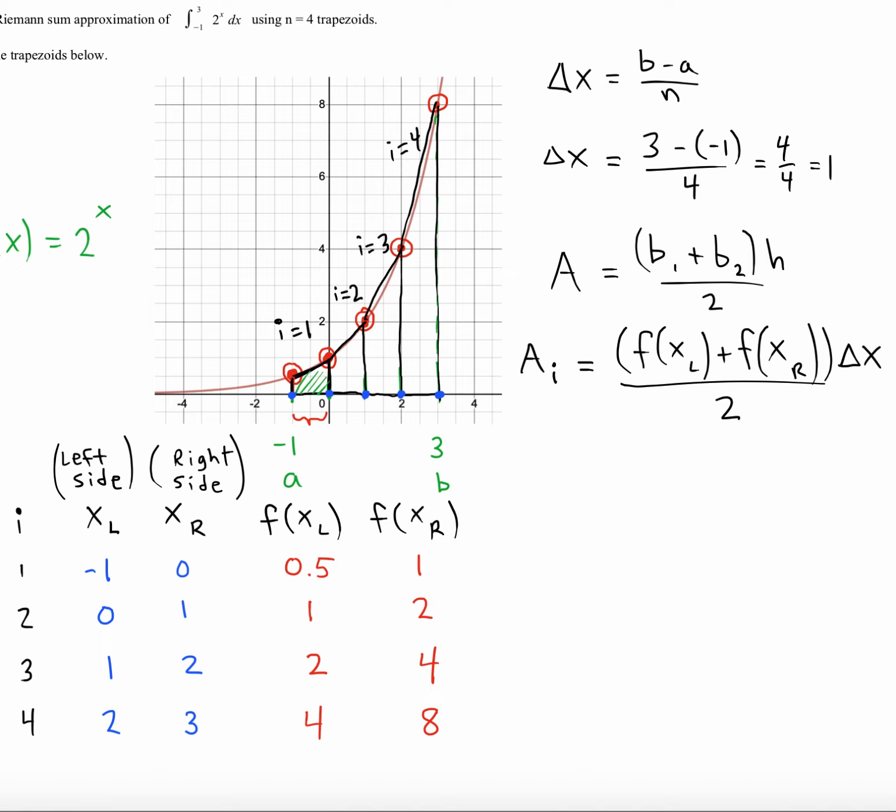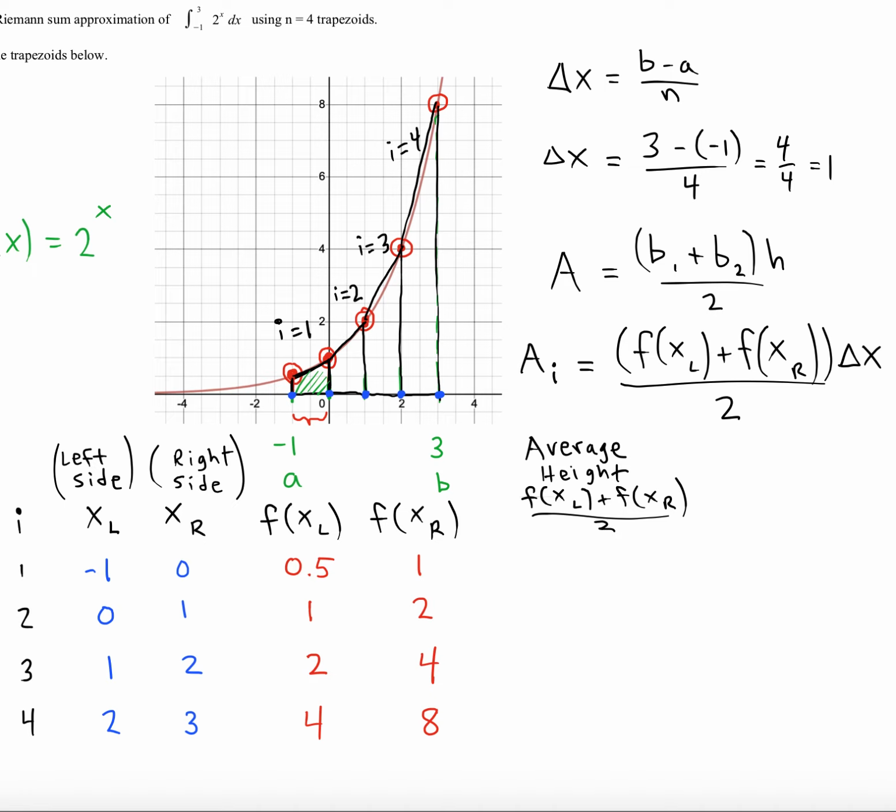So this is the formula we want to use in our table. You may wish to do it one step at a time. Like, for example, we could get the average height. And for that, we'll just do f of xl plus f of xr over 2.